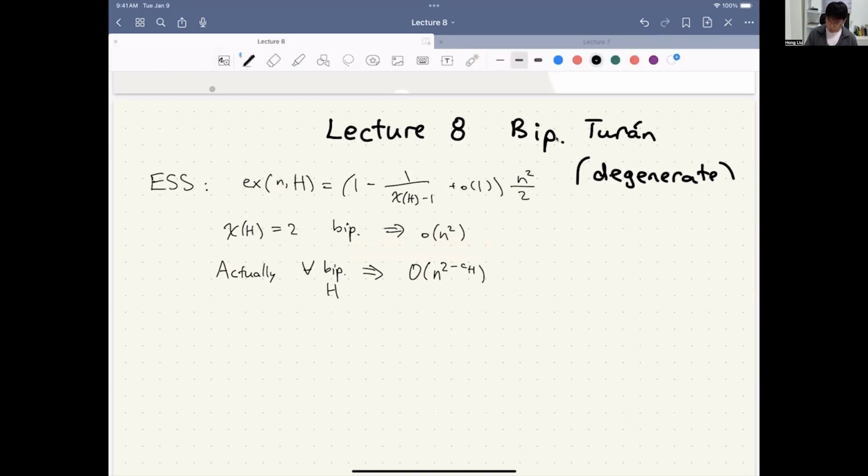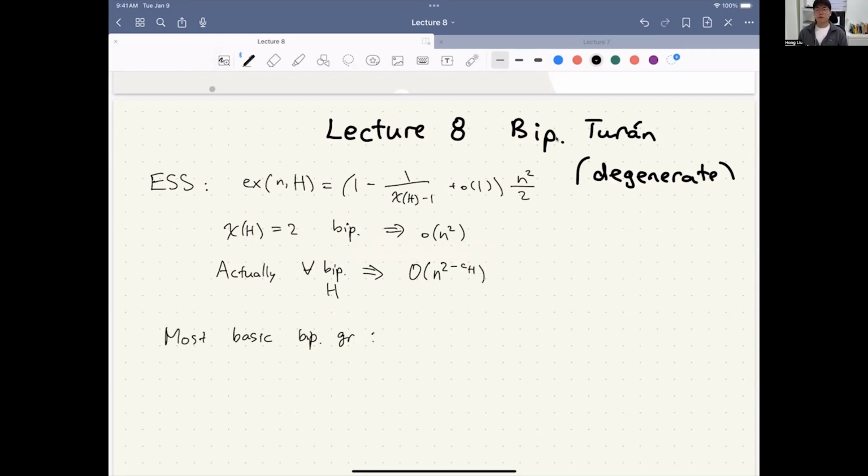So the most basic bipartite graphs, there are two families.